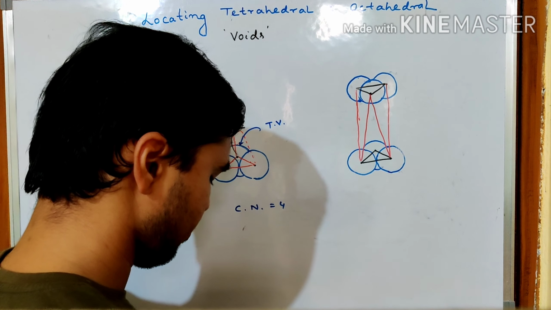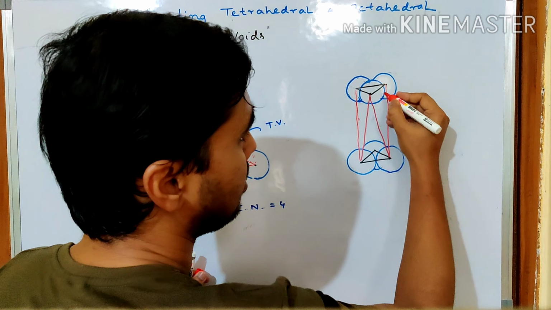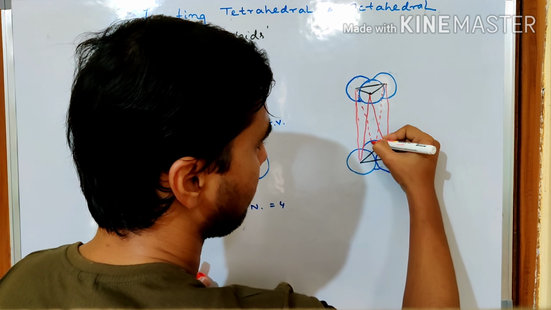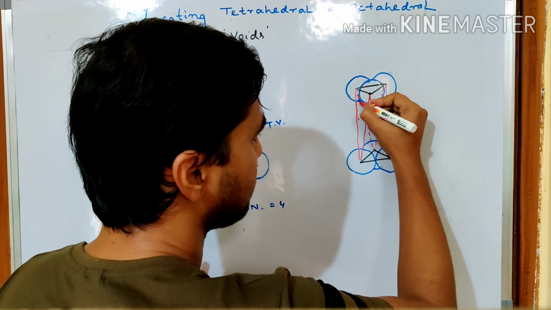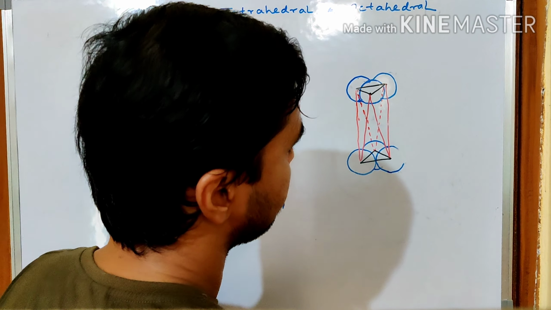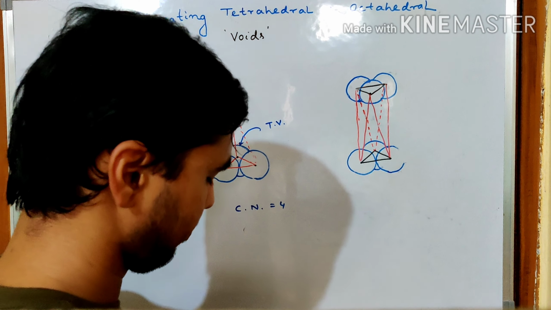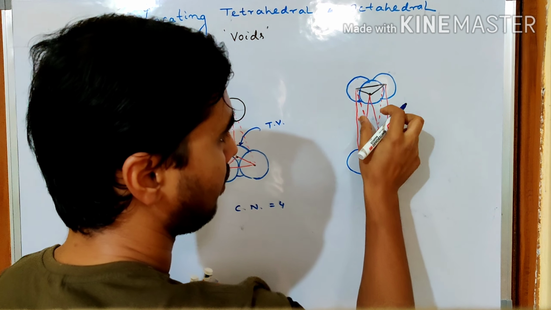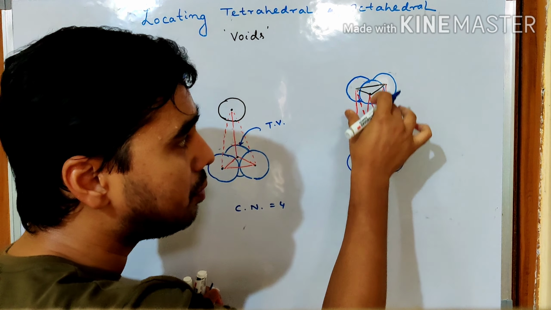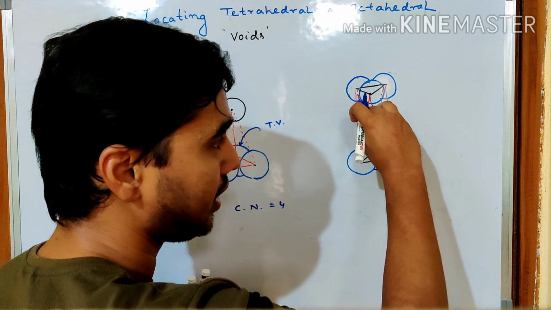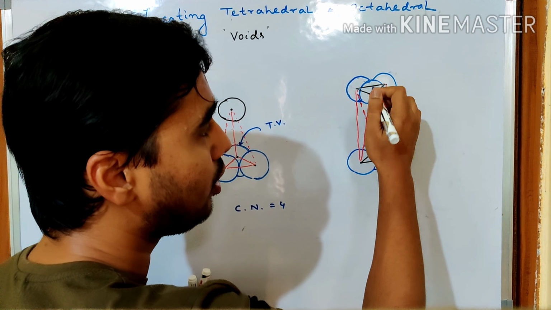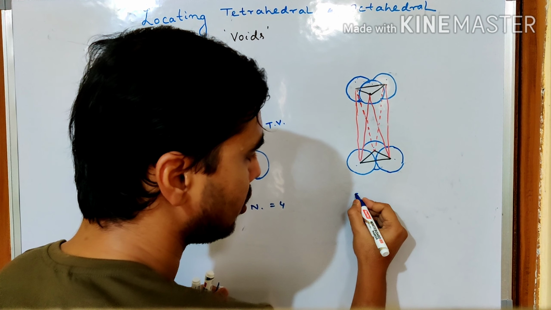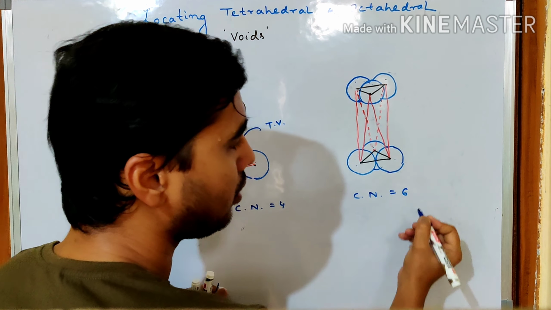And here also, this one. Try to imagine carefully. What have I done? See the vacant space between them. If an atom is placed here, then it will be in contact with 1, 2, 3, 4, 5, 6 atoms. So first thing first, coordination number will be 6.